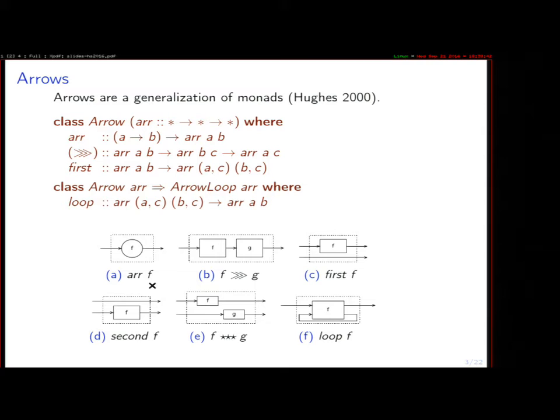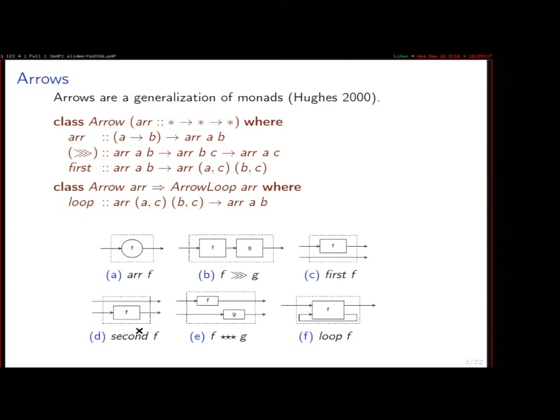Then we have sequential composition. We can compose two arrows together by connecting the outputs to the inputs. And we can also do parallel composition. This is done by introducing a first combinator, which lifts an arrow f to apply to the first argument.